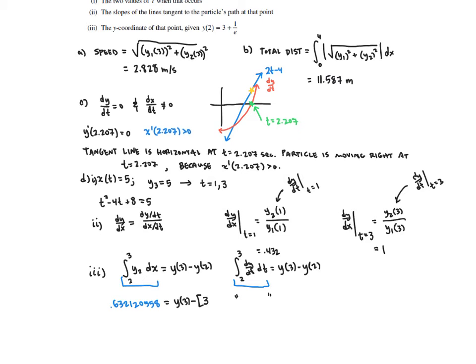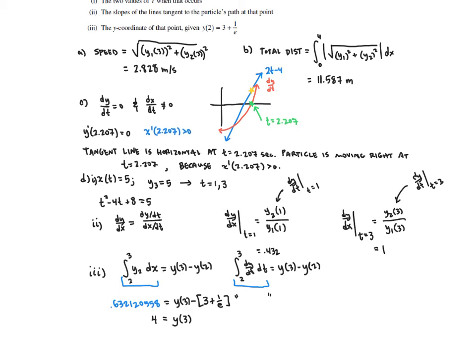Y of 2 is 3 plus 1 over e. So all I'm going to do is solve for y of 3 by adding 3 plus 1 over e to that value, 0.632120558. And it comes out to be 4. So the y position at time 3 is 4.